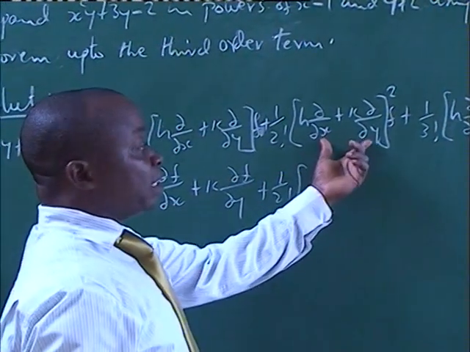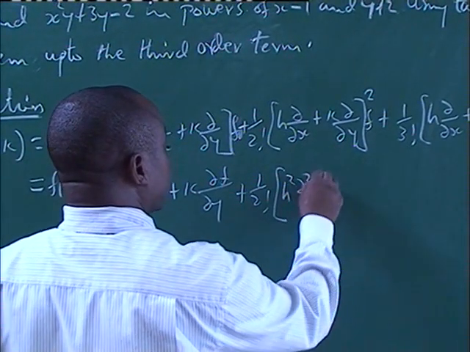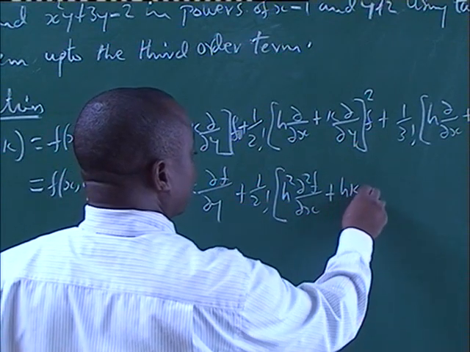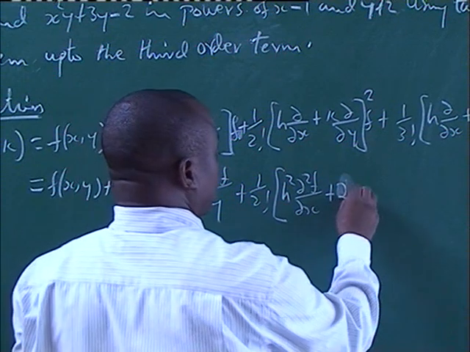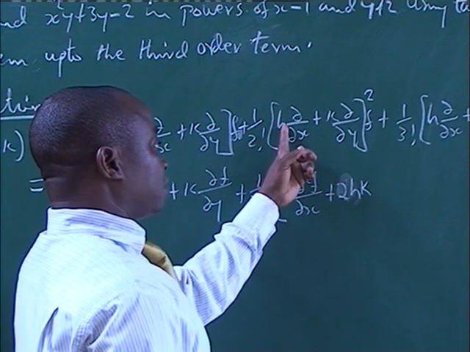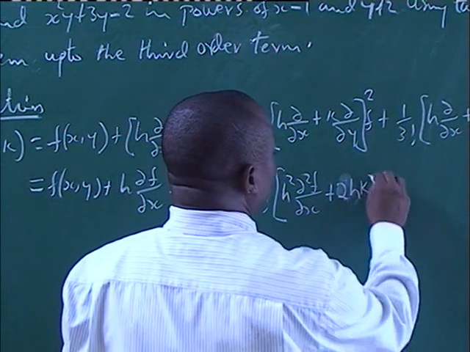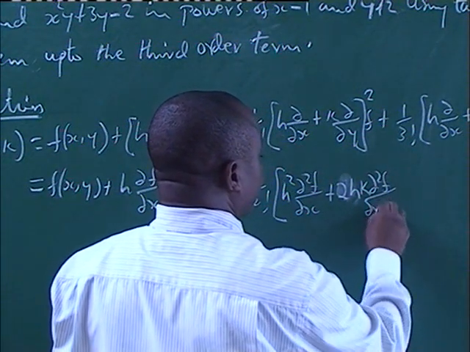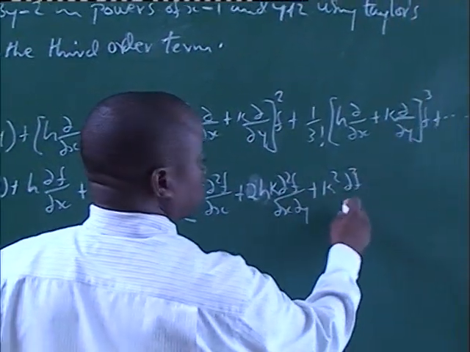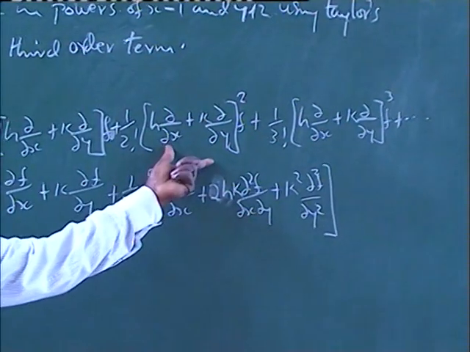Then by binomial expansion, we can expand this to have h squared partial square f over partial x squared plus 2hk, by binomial. Then we have partial square f partial x partial y plus k squared partial square f over partial y squared. That is the expansion of this place.